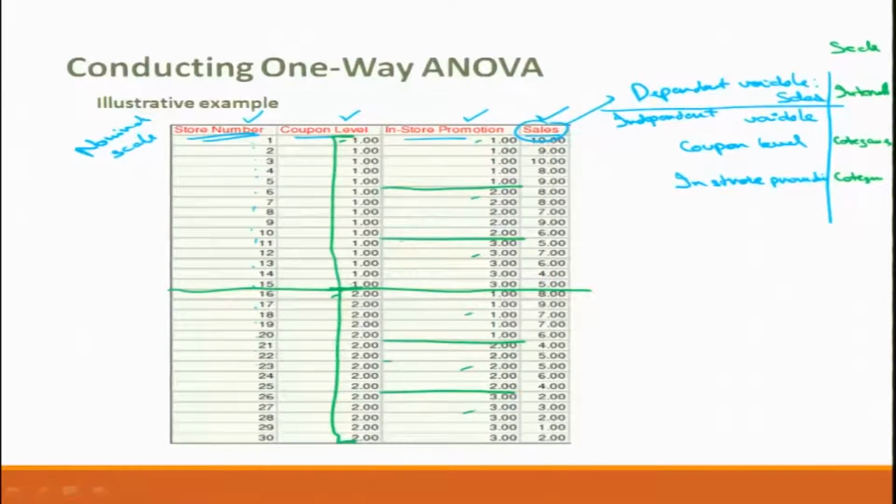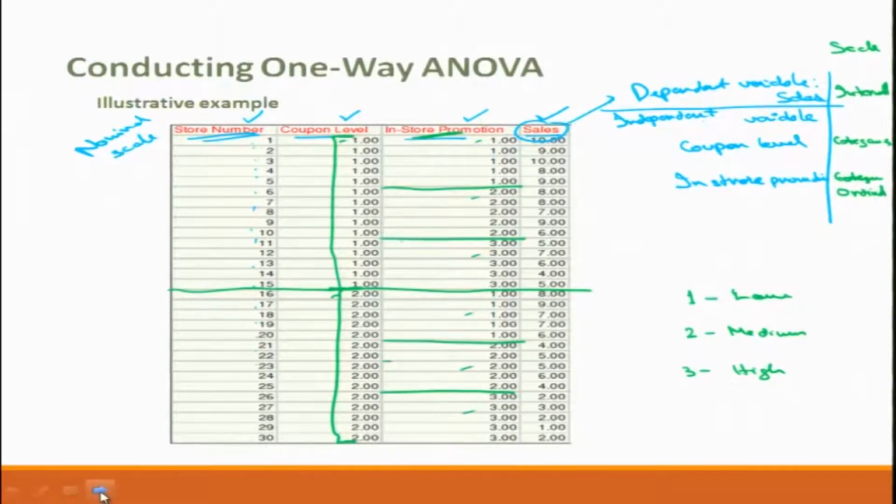This is coupon 1 and 2. For in-store promotion, 1 is low, 2 is medium and 3 is high. So this is my ordinal scale here, low, medium and high level of promotion.